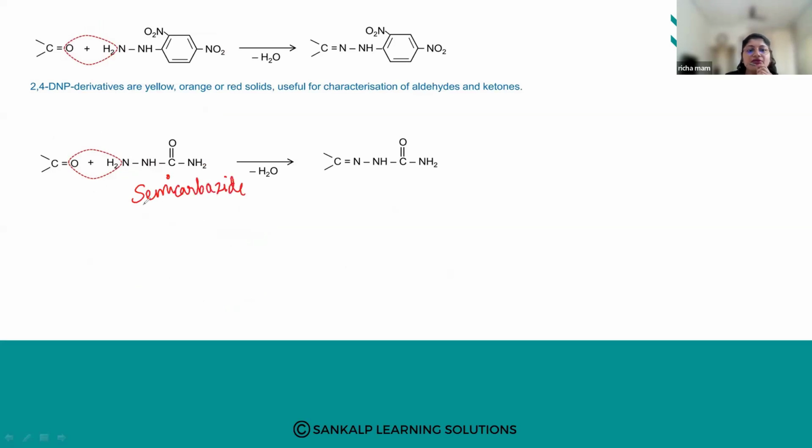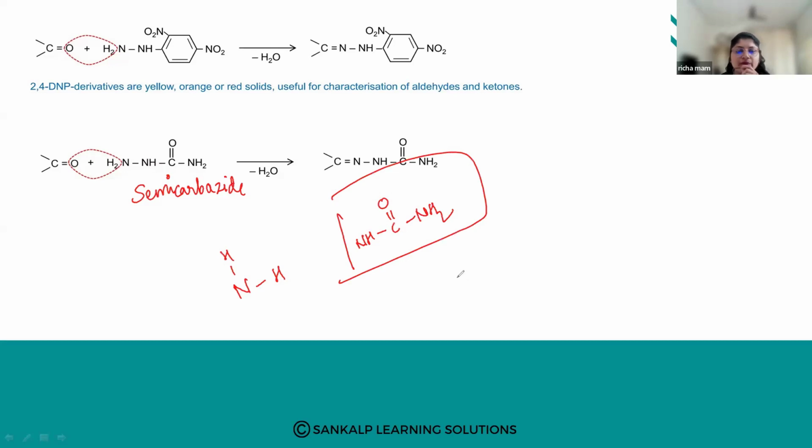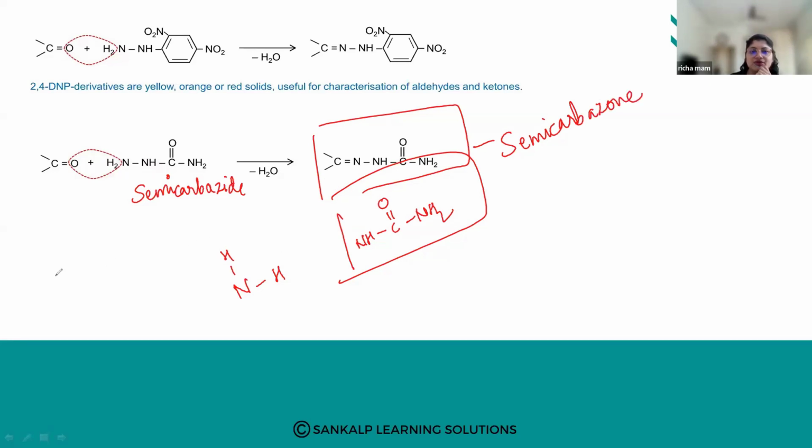So when one of the hydrogens of NH2 is replaced by NHC double bond O NH2, which is called a semicarbazide, the obtained product is called a semicarbazone. Okay, semicarbazone. So the obtained product is what? Semicarbazone. Fine.